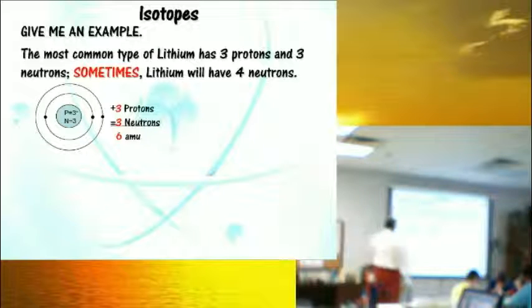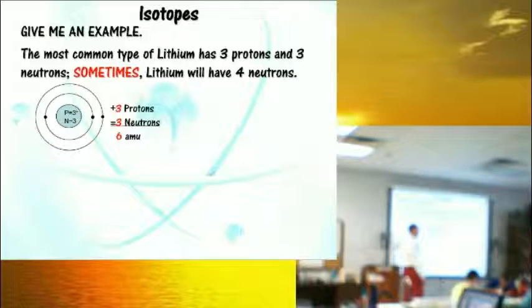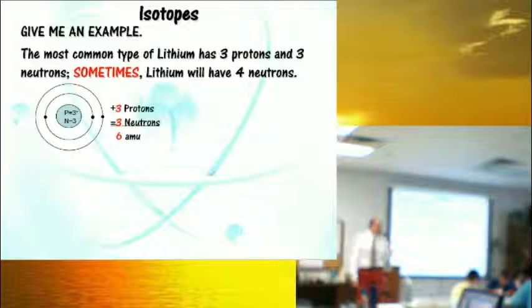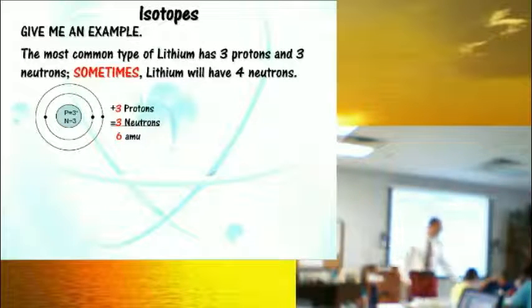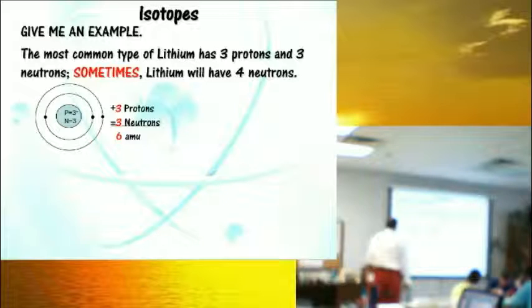It has 3 protons and 3 neutrons. Okay? And again, this diagram is there for you. You just have to fill in the numbers, which are in red. It has 3 protons and 3 neutrons for a total mass of what? 6.